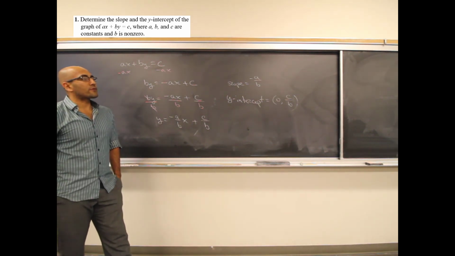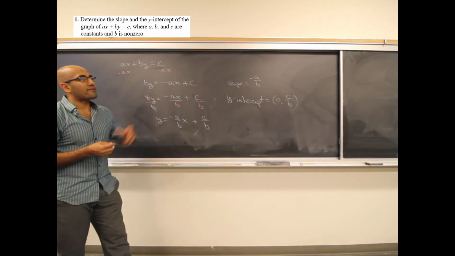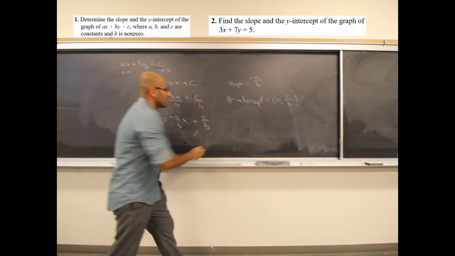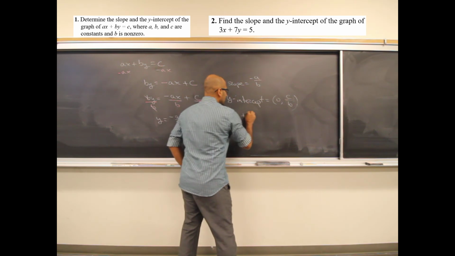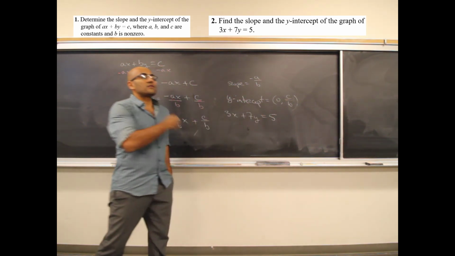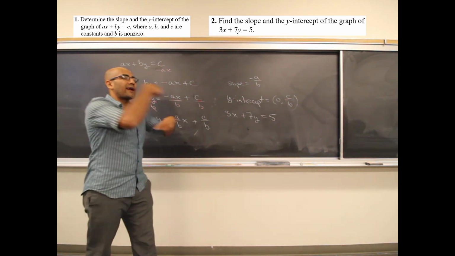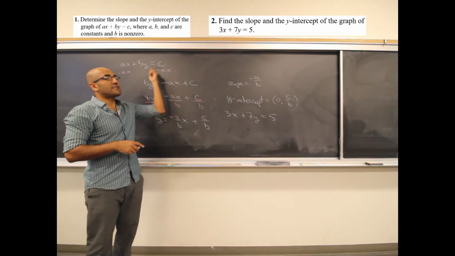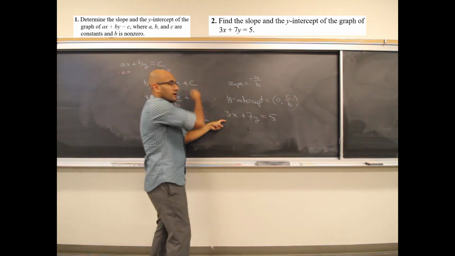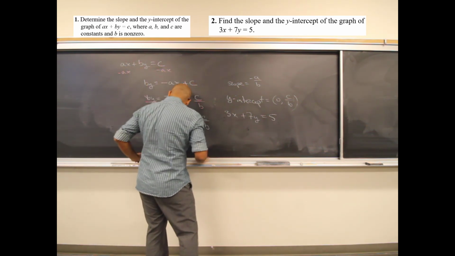And now for part B, for instance, they said, what if we have this equation of 3x plus 7y equals 5? Find the slope and the y-intercept. So again, why reinvent the wheel? We already solved it in general once. This fits that form. It belongs to the family of solutions to that one.